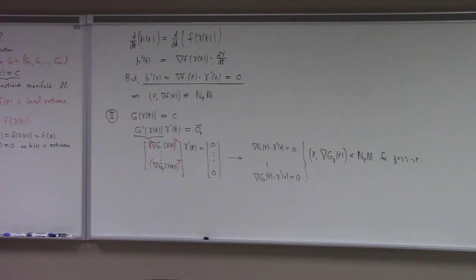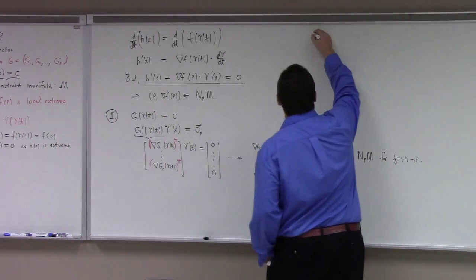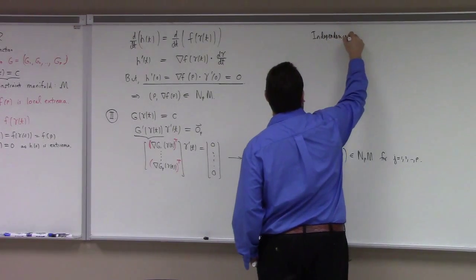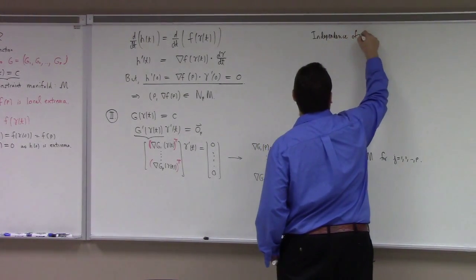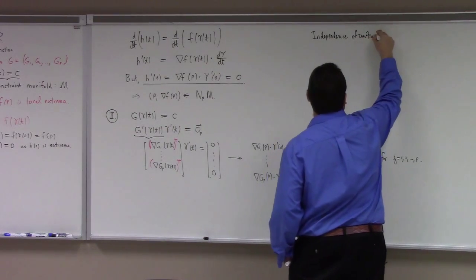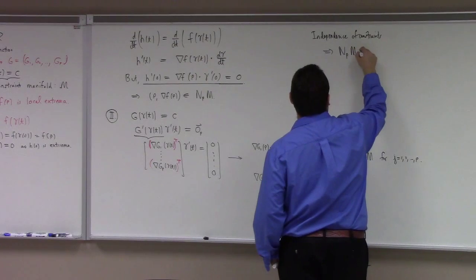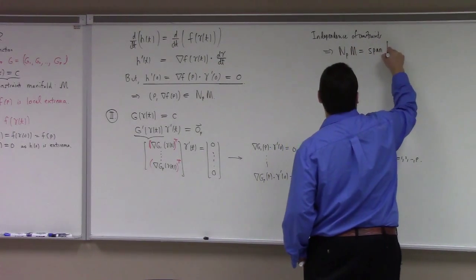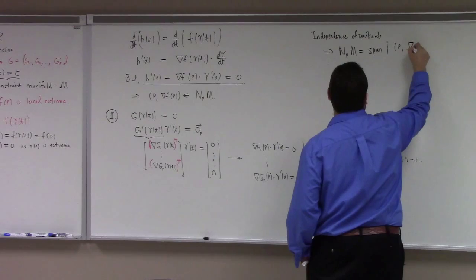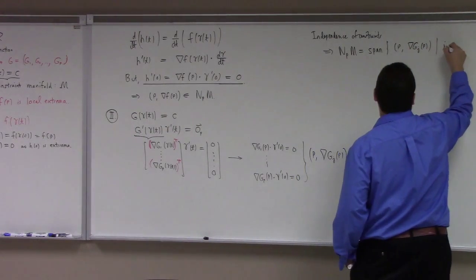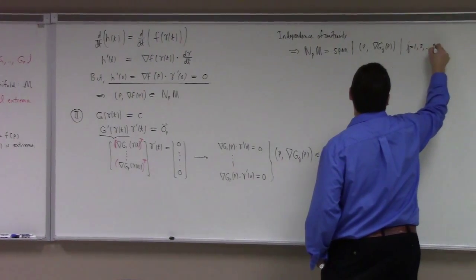It means that they form a basis for the normal space. So you put 1 and 2 together, what do you get? Independence of constraints implies that the normal space at P to M is actually the span of P comma gradient G sub J of P, such that J is equal to 1 through P.